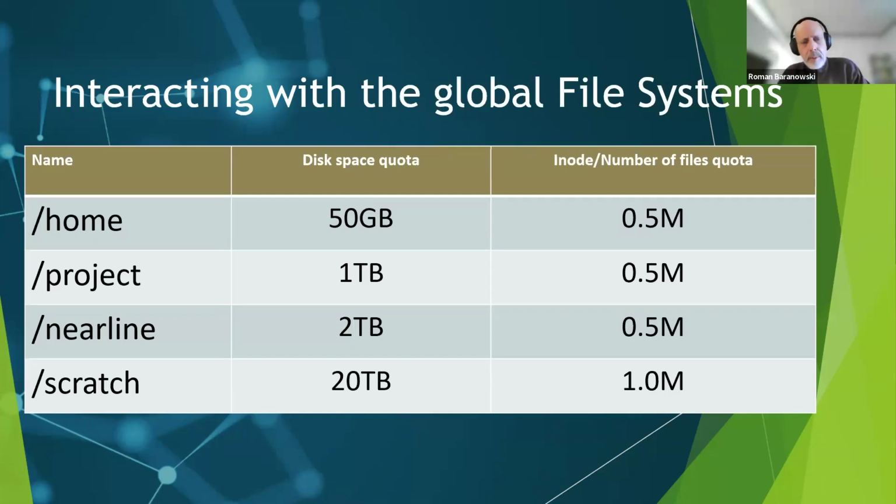And finally, the scratch file system. Again, home is being backed up, project is being backed up, and nearline is being backed up. Scratch file system, as the name suggests, you have a lot of space there.